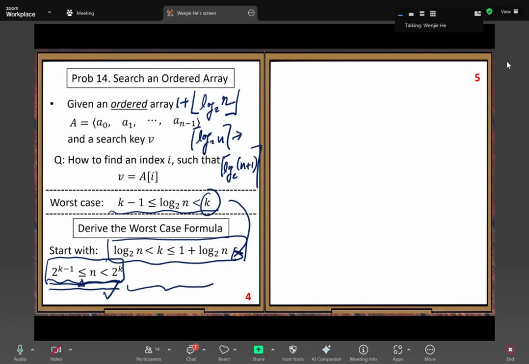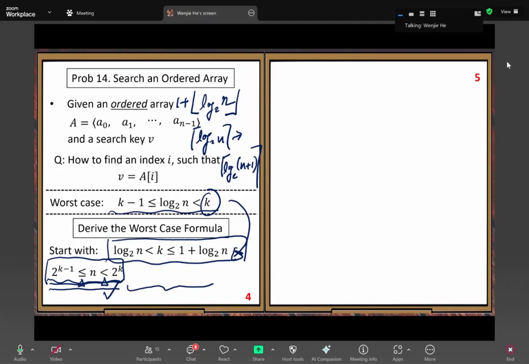But the right half, we do not include the equal case, right? So that means this inequality is not very tight. We want to tighten it, make it sharper. So we can improve it a little bit.